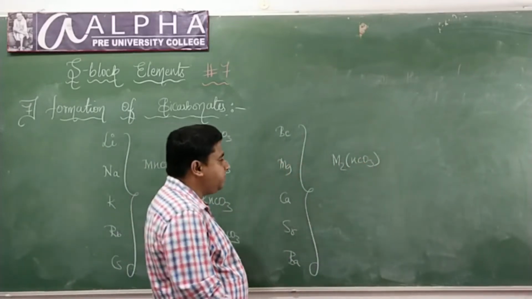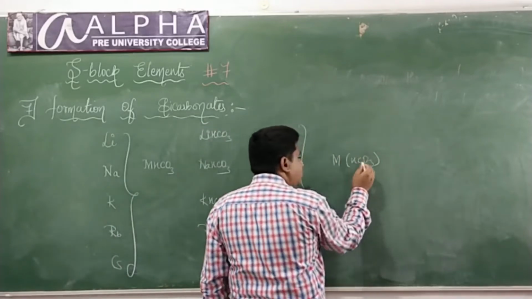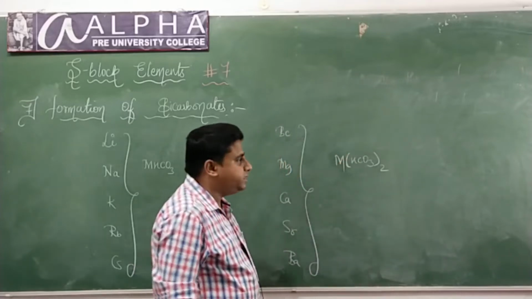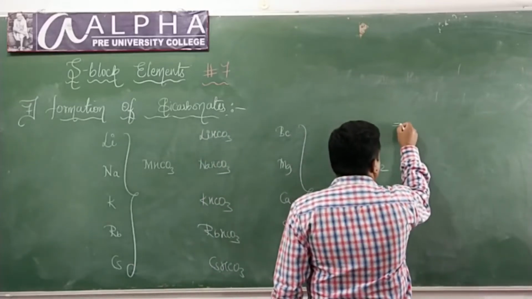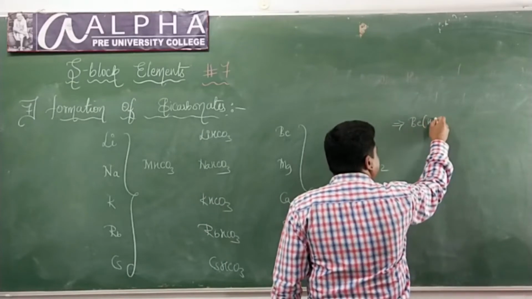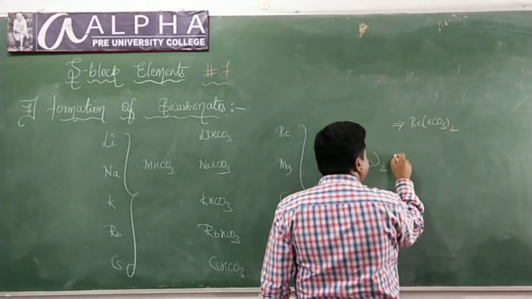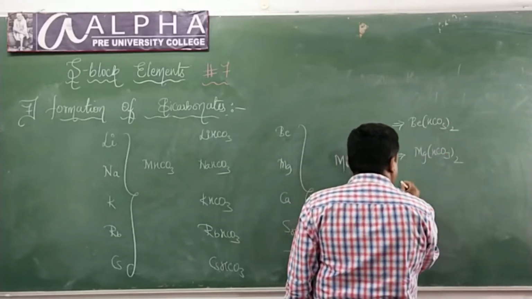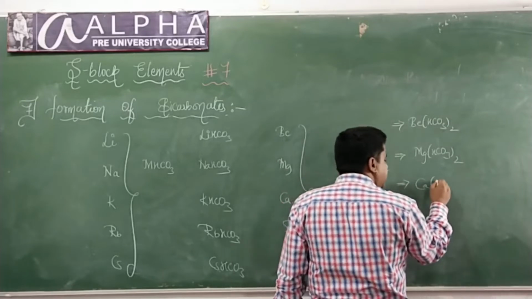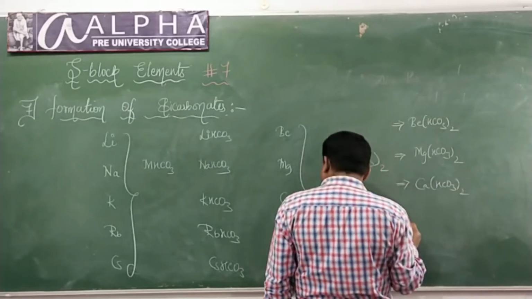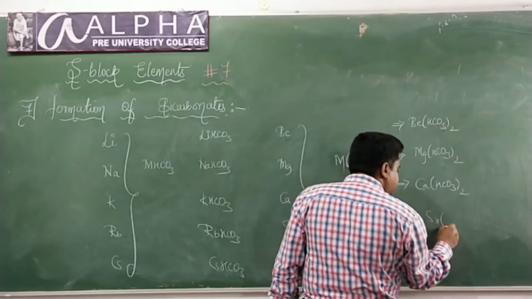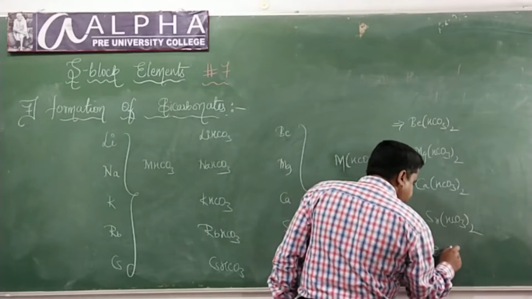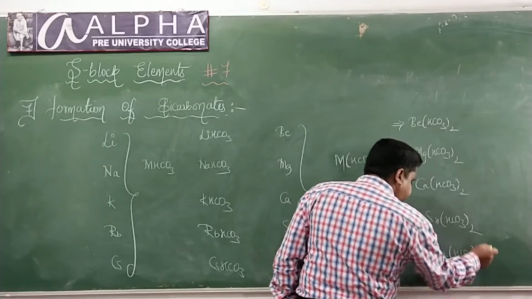M(HCO3) twice. For example, beryllium bicarbonate Be(HCO3)2, magnesium bicarbonate Mg(HCO3)2, calcium bicarbonate Ca(HCO3)2, strontium bicarbonate Sr(HCO3)2, and barium bicarbonate Ba(HCO3)2.